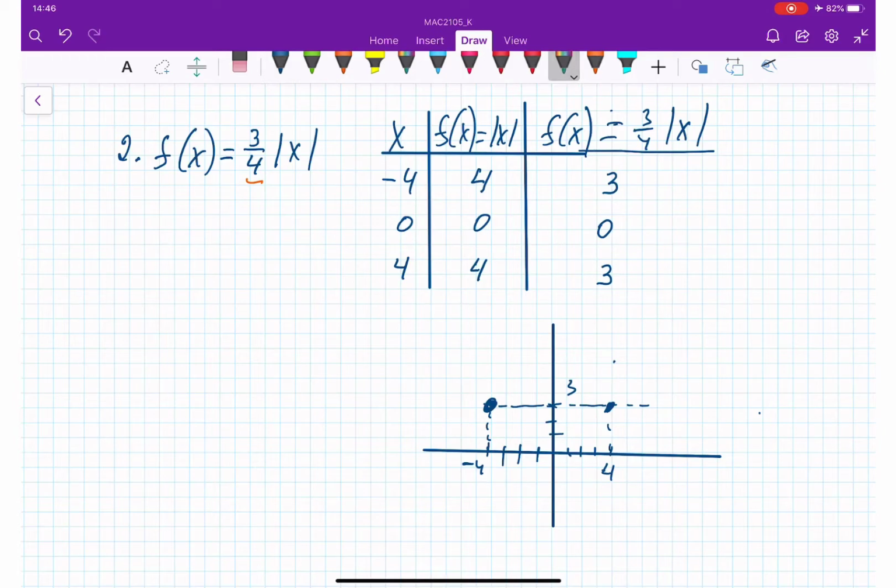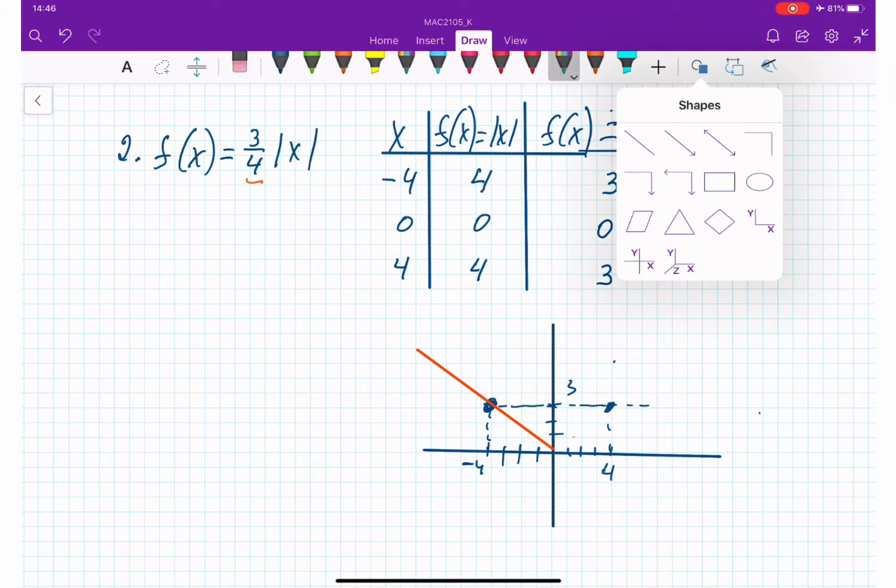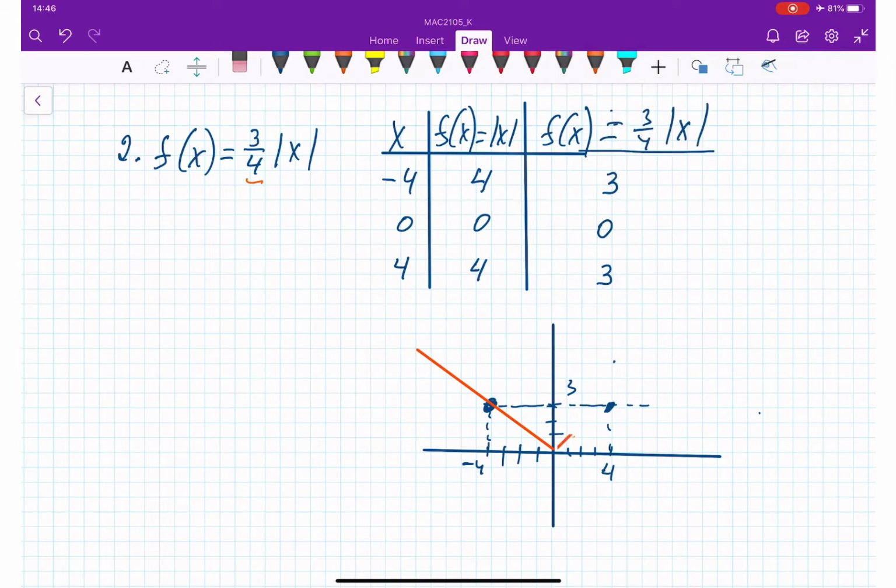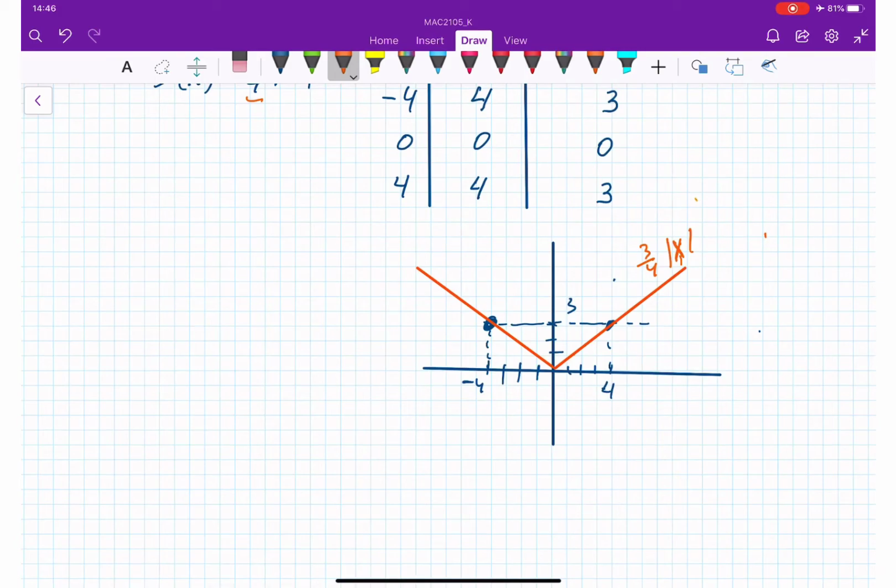So the graph is going to look like this. And let me see. This is going to be our 3/4 of absolute value of x. Okay? All right, next one.